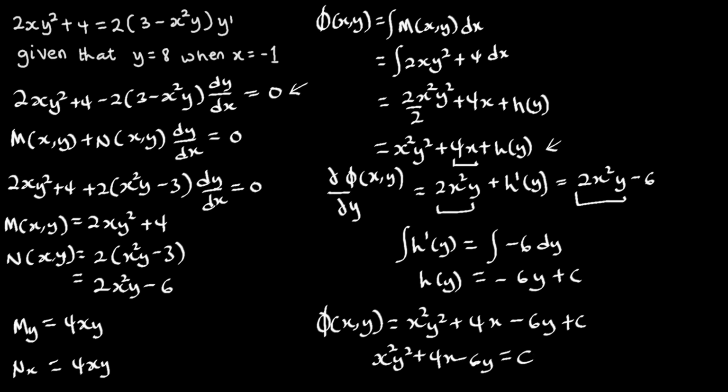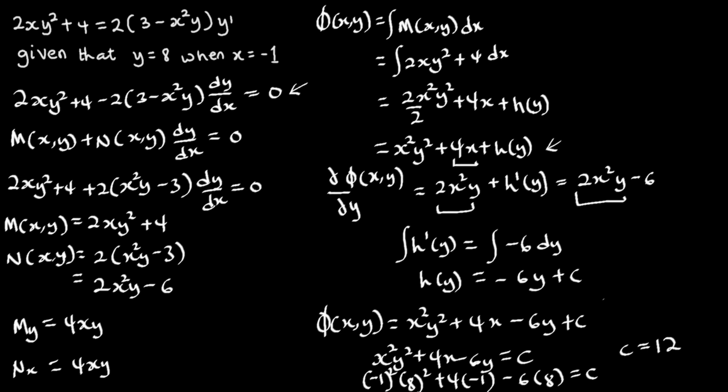When I have it in this form, I can put in the boundary conditions or the initial conditions to find the value of c. So we're going to have minus 1 squared multiplying 8 squared plus 4 multiplying minus 1 minus 6 multiplying 8 to be equal to c. When you simplify this, you get c to be equal to 4.